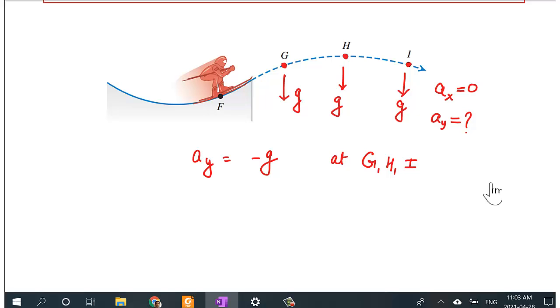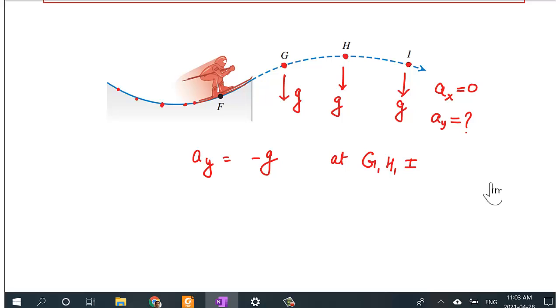So this is very easy. Once she leaves the ramp, the acceleration in the x direction is 0 and the acceleration in the y direction is g. When she is on the ramp, she may have different accelerations in the x and y directions because she is changing her speed and also the direction.